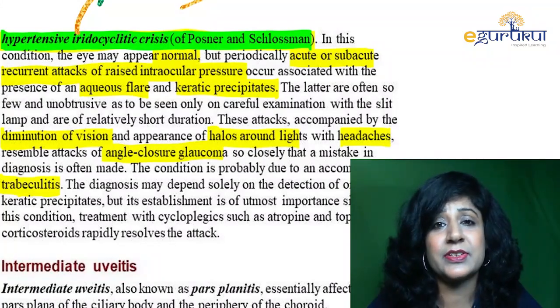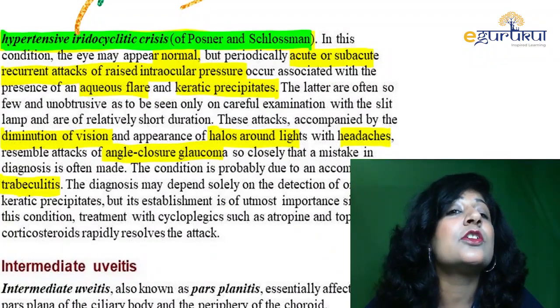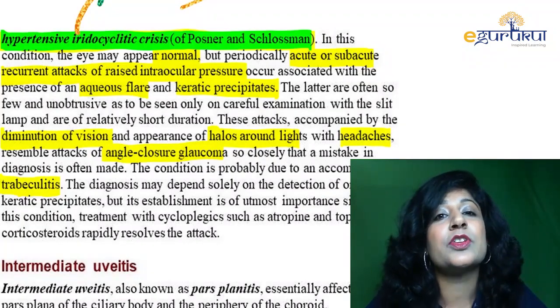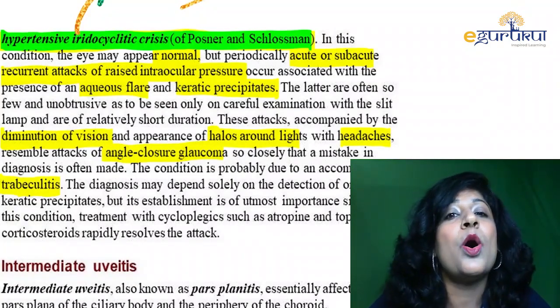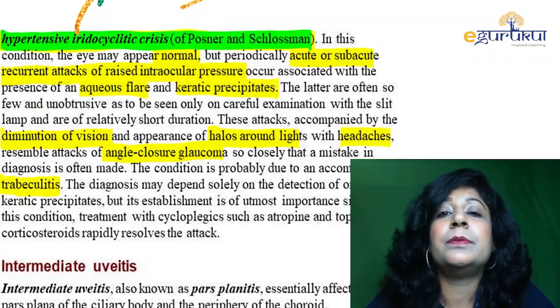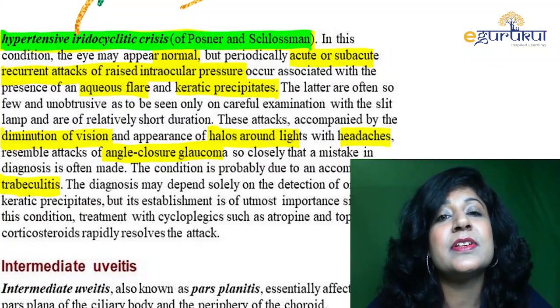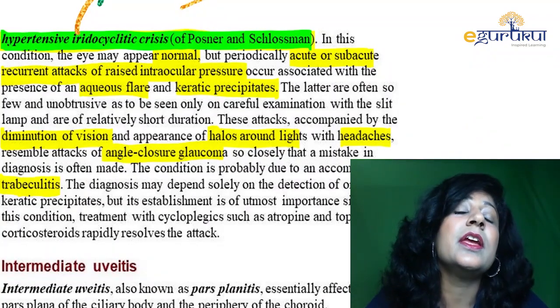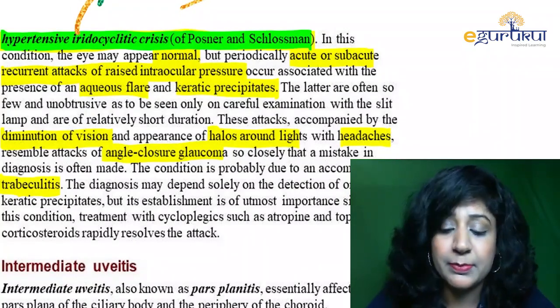The inflammation occurs there. So it's not angle closure glaucoma, it's actually open angle, and the openings of the trabecular meshwork are blocked by the inflammatory cells. Because of the cyclitis and the inflammation in the trabecular meshwork, 90% of the drainage will not take place.